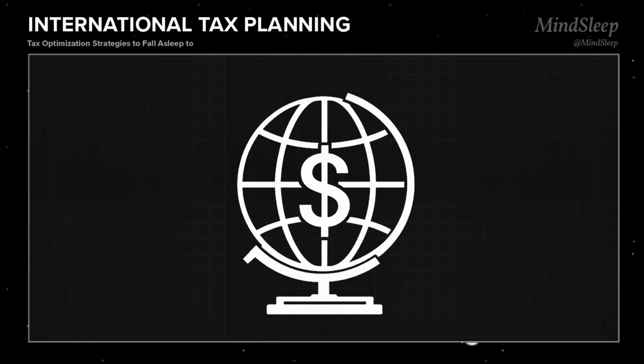Looking to the future, the field of international tax planning is likely to undergo significant transformations. The push for greater transparency, exemplified by initiatives like the Common Reporting Standard and country-by-country reporting, is reshaping the landscape of international taxation.